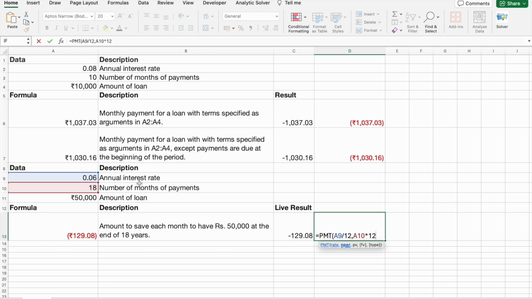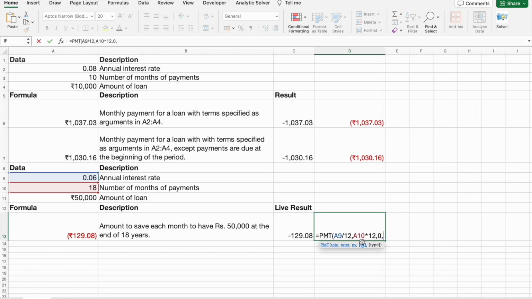Because we want to save each month and get 50,000 by the end of 18 years, right? That's why I'm just multiplying it by 12. Then here present value should be 0 by the end of the loan.